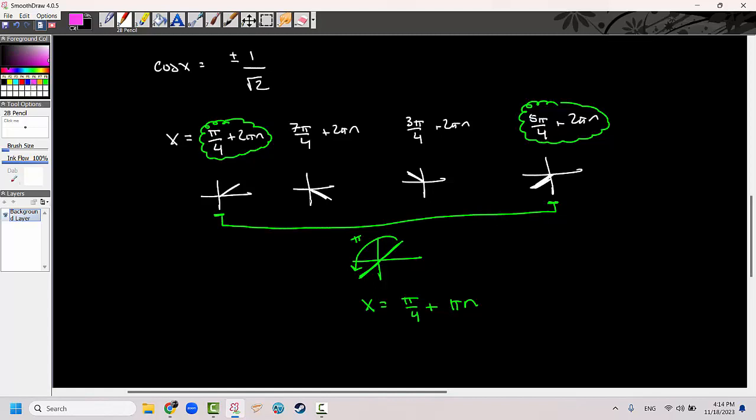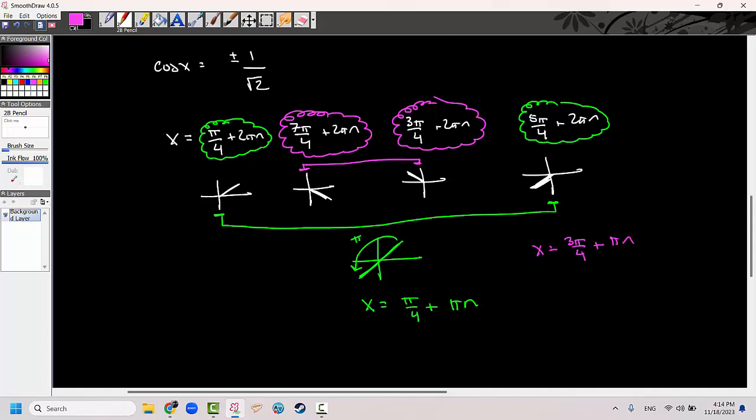I'm going to take a contrasting color like purple, and notice how these are also 180 degrees apart, right? They are pi radians apart, directly across from each other. So I could say the ones in purple are x equals 3 pi over 4 plus pi n. And then n is an element of all integers. Here in green, n is an element of all integers.